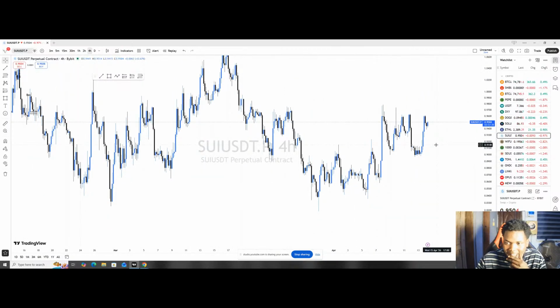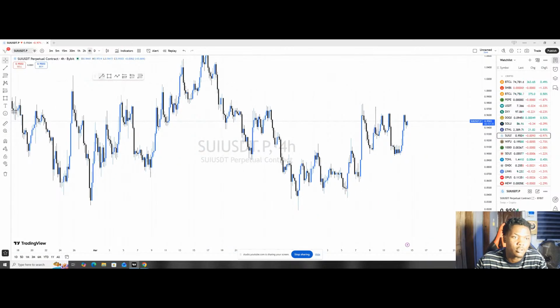The reason I said it is bearish is because we have a break of structure here. In most cases, it is actually advisable when you're analyzing the market to do your top down analysis so you can see the direction of the market. You guys understand?